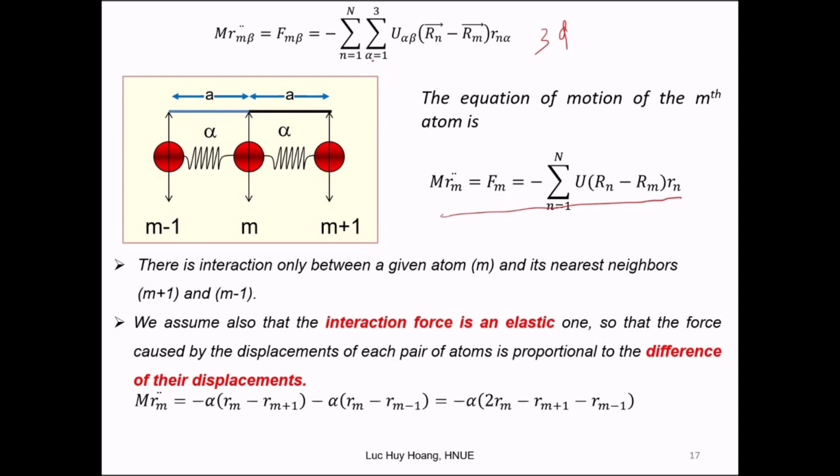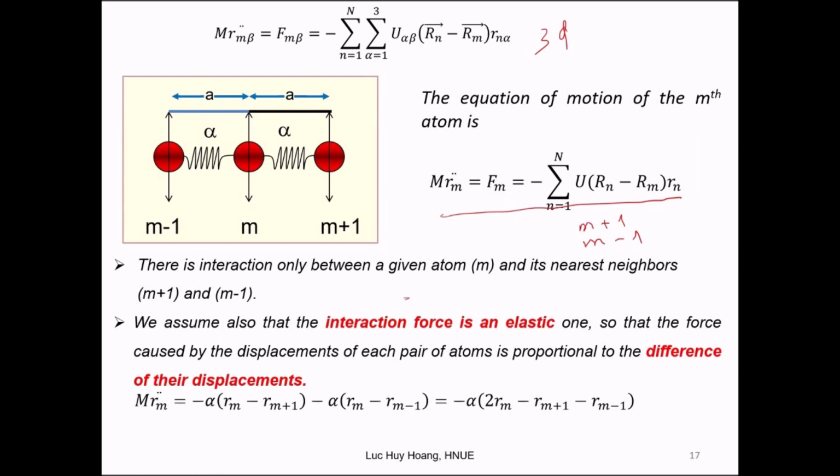It is one dimensional, and the sum over n now becomes only two terms: n equal m plus 1 and n equal m minus 1 only. So we have two. From this equation, we have to write more clearly how to write the force of vibration. We have the two interactions of the nearest neighbors.